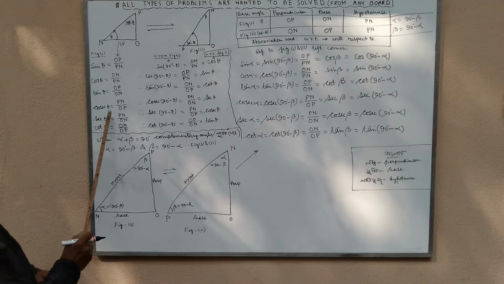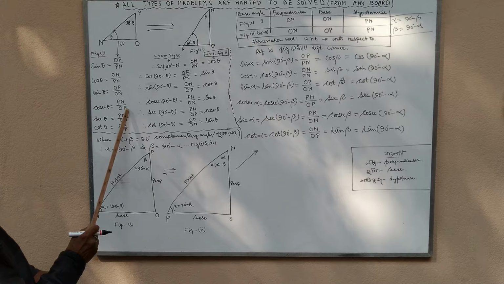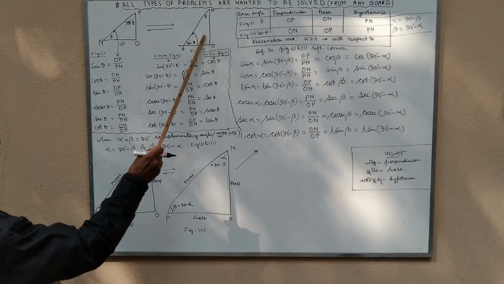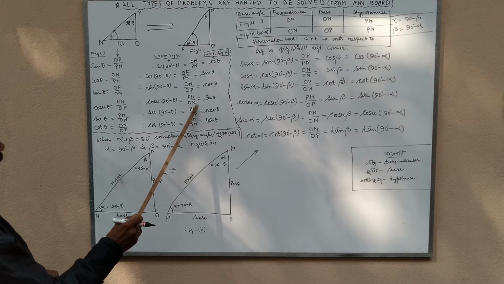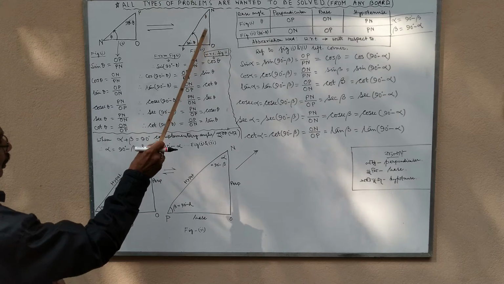Similarly, cosec theta equals hypotenuse by perpendicular. Therefore cosec 90 degree minus theta with respect to this figure equals PN by ON.